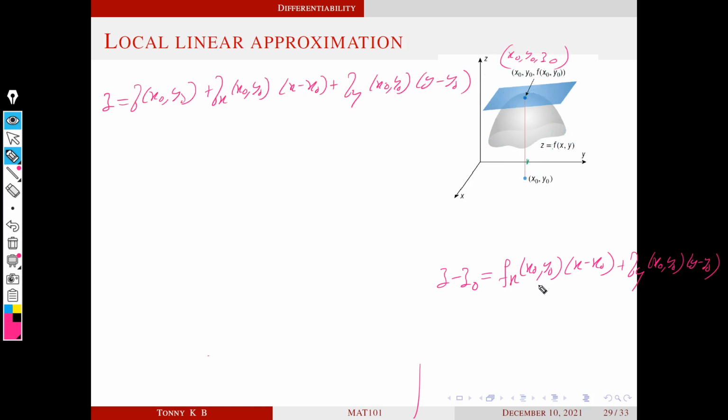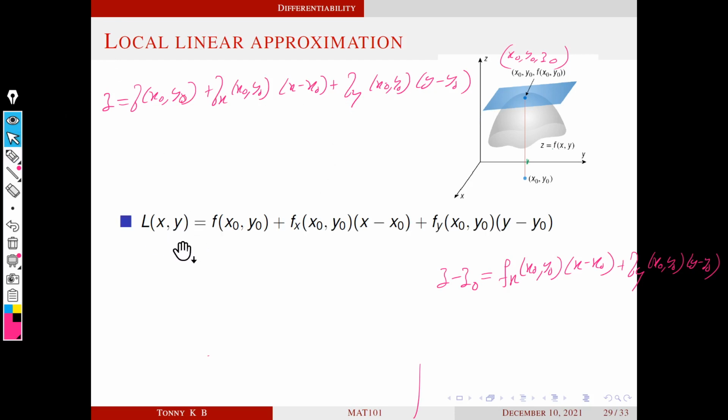So this equation becomes z is equal to z naught, which is the value of the function at x naught, y naught, that is f of x naught, y naught. So z is equal to f of x naught, y naught plus the terms like this. This is exactly our Lxy. Clear? They are the same. So our Lxy is the equation of the tangent plane at the point x naught, y naught, z naught.